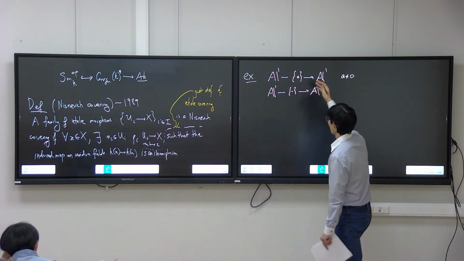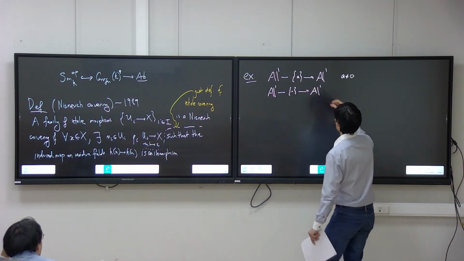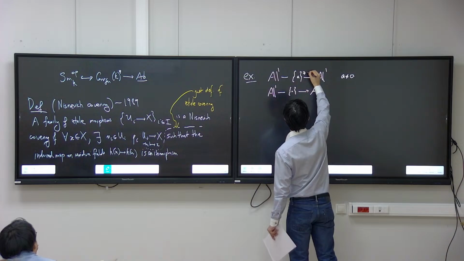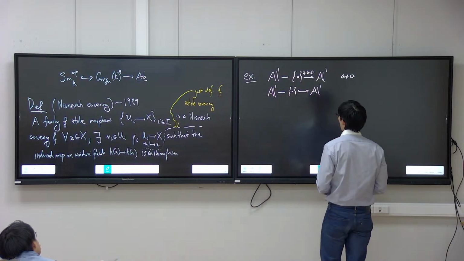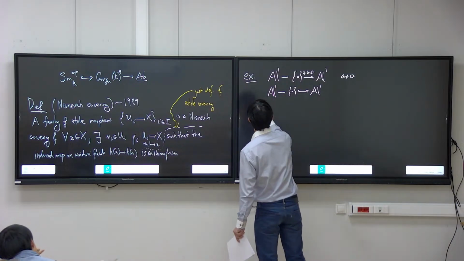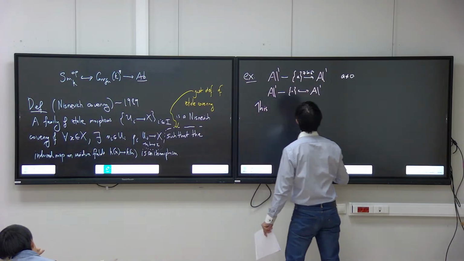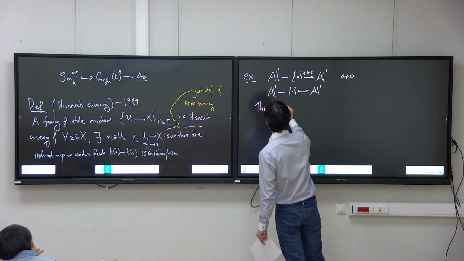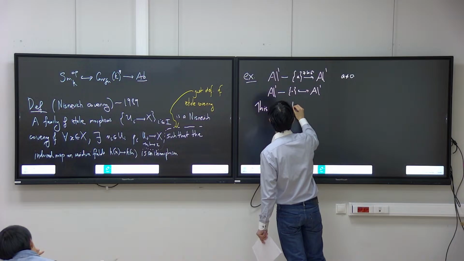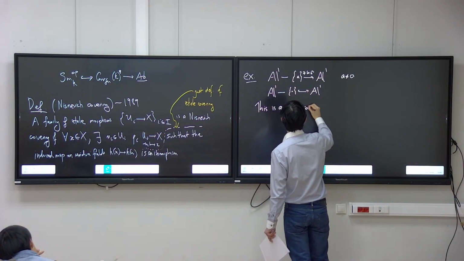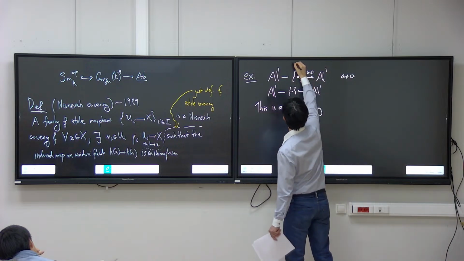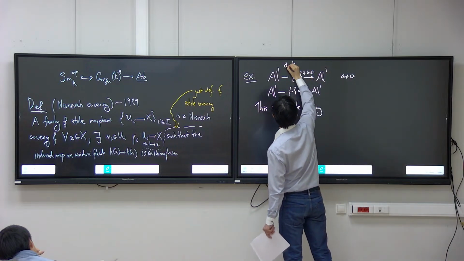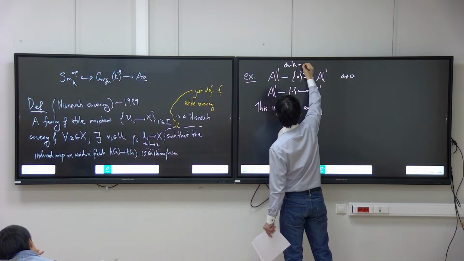I consider the map z goes to z squared here, and this is just the inclusion. So this is an étale covering. Let's also assume, just in case, that the characteristic of K is equal to 0.